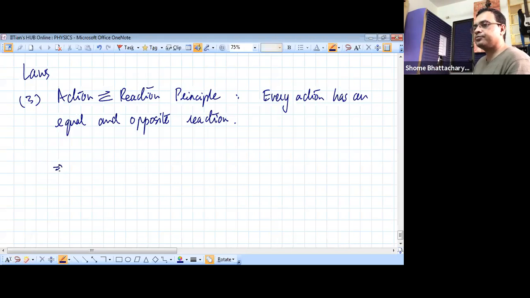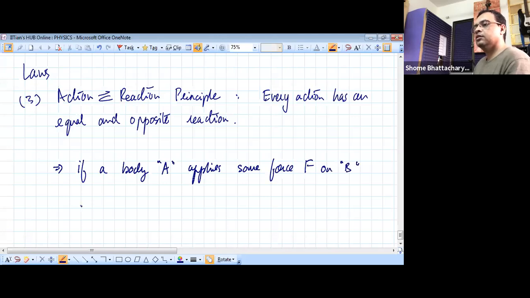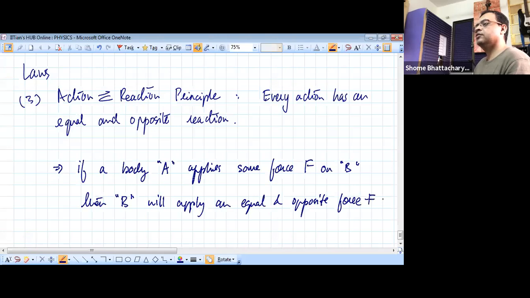It implies that if a body, let's say A, applies some force F on another body B, then B will apply an equal and opposite force, minus F, on A. That is the meaning of action and reaction.